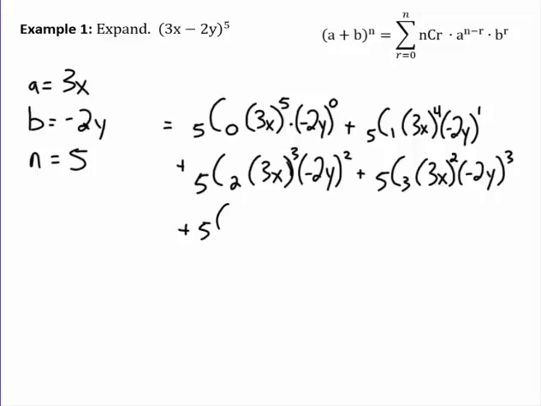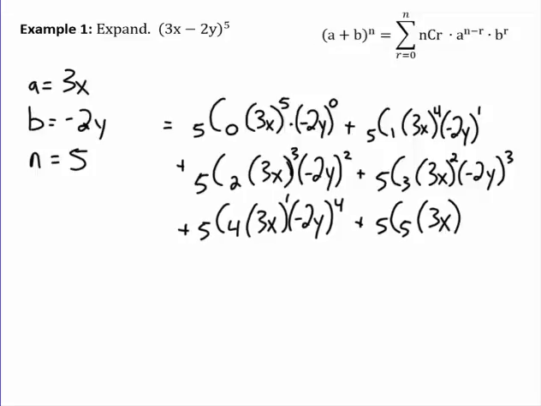Plus 5c4, 3x to the 1, negative 2y to the 4, plus 5c5, 3x, and again, now we're at n equal to r, so the 3x is to the 0, and the negative 2y is to the 5th.